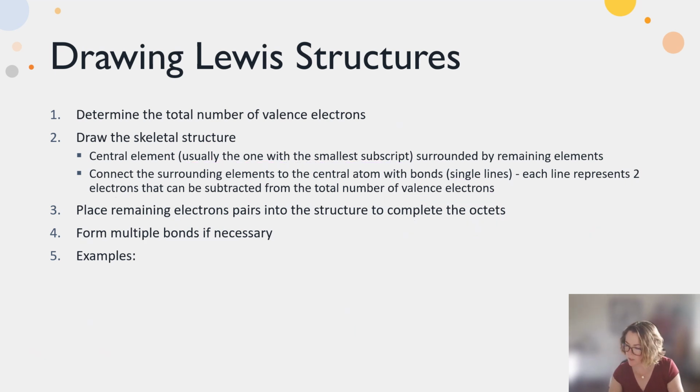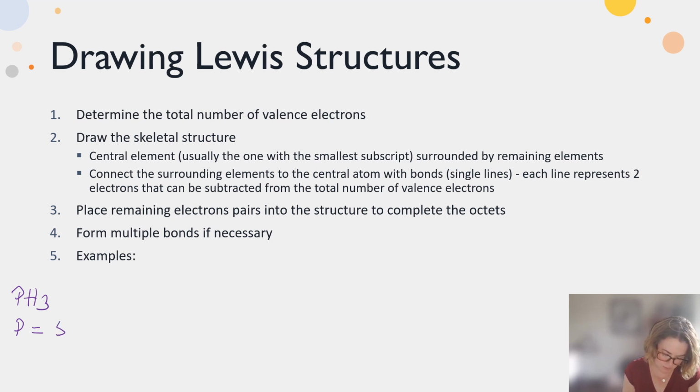All right, so I'm going to do another example. This time we are going to do PH3. So let me go ahead and write out the formula. PH3. And we are going to go ahead and add up the total number of valence electrons first. So phosphorus sits in group 5.